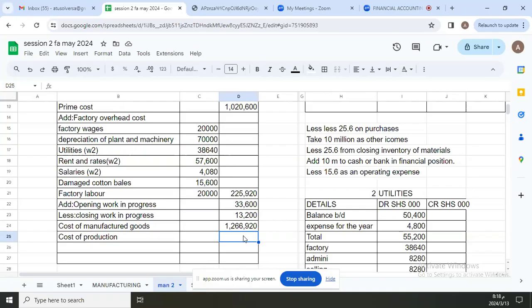Are we together? So this is the total cost of our manufactured goods. What do we add to get the cost of manufactured goods?